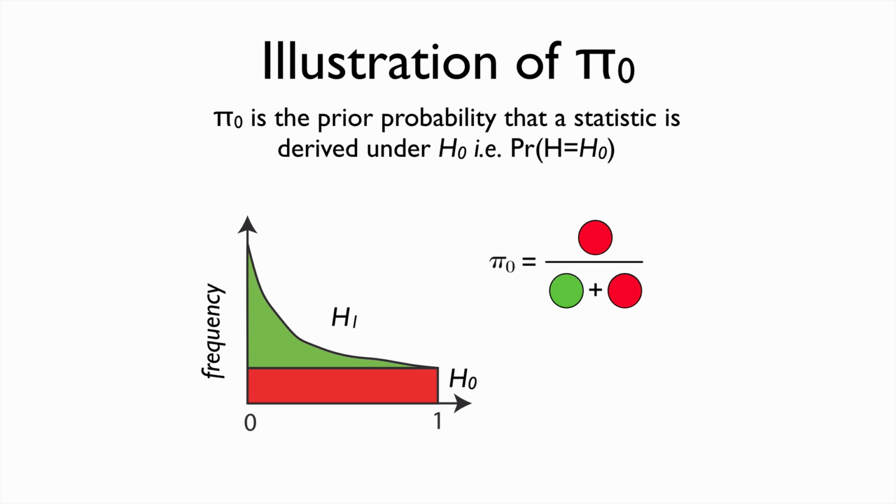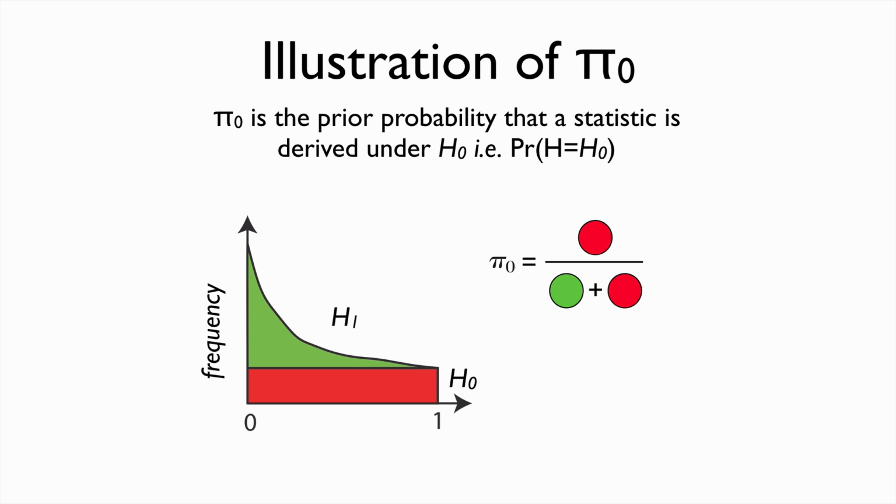So how do we estimate this thing with pi 0? Well, actually, this can be easily estimated as well, since we know that the p-values are evenly distributed under the null. So if we look at how the null values come out, we see that there are fewer of them the higher up in p-value we walk.